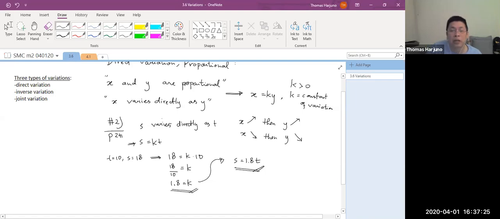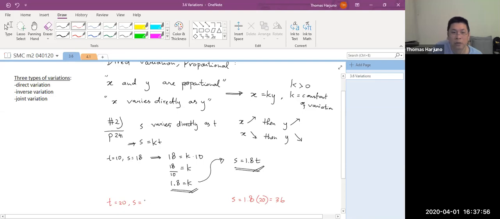Now you see that if I change the T, just for fun, suppose I double it, let's say T becomes 20, which is double of that. Then what do we expect S to be? If I plug in the numbers, S equals 1.8 times 20. That will be 36.